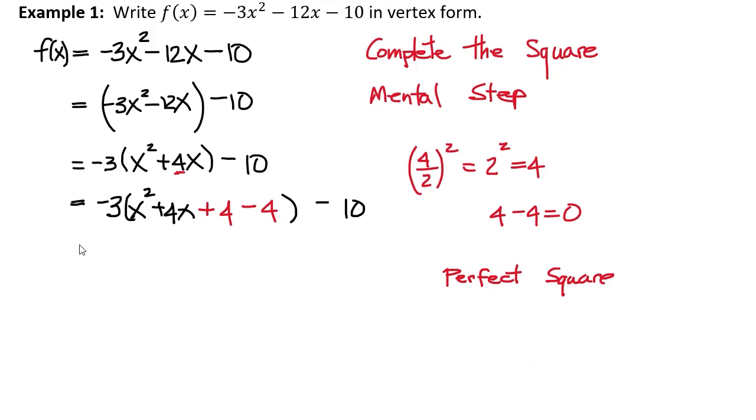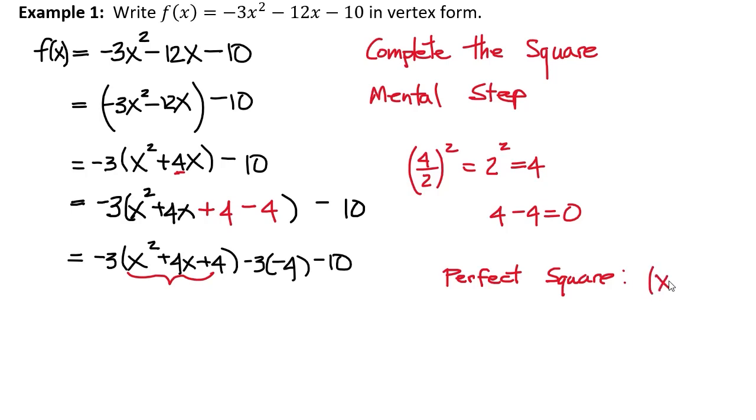I'm looking for this trinomial that is a perfect square. So I want to pull out the perfect square. So I have negative 3, and the perfect square will look like this trinomial, x squared plus 4x plus 4. Then I'll have to multiply the negative 3 and the negative 4 and the minus 10. So right here is the perfect square, and that perfect square will be (x plus 2) all squared.